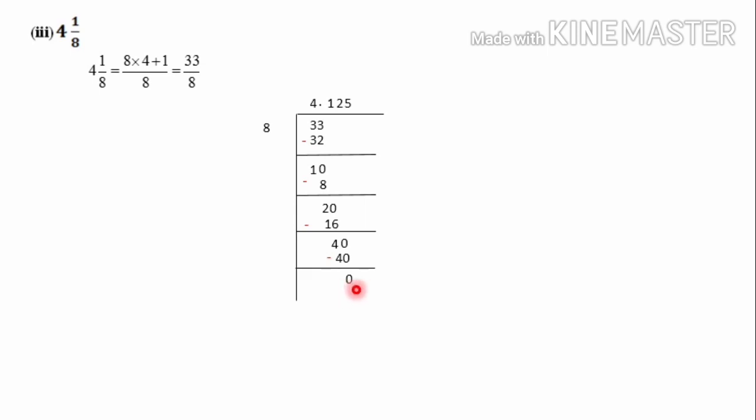When you get the remainder 0, the division ends there. So 4 1 by 8 is equal to 4.125 as a decimal number. Here there is no digit after 5 and the division ends with 5. So this is a terminating decimal.